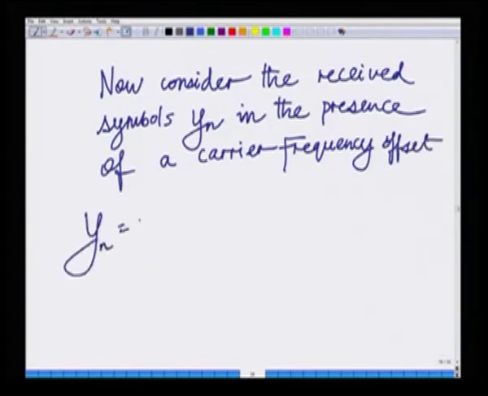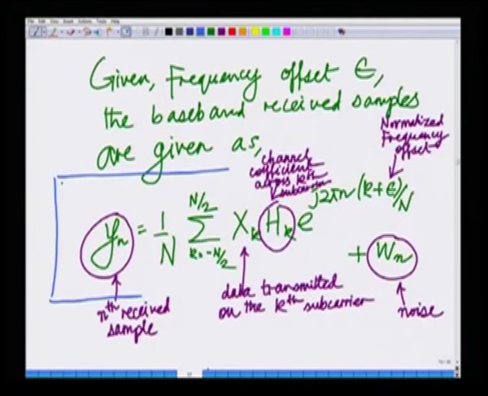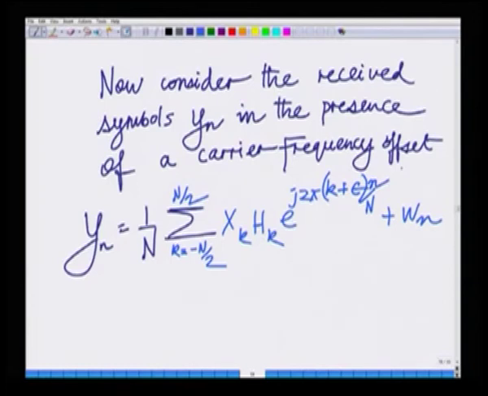We have y_n equals 1 over N summation over k from -N/2 to N/2 of X_k H_k e^(j2π(k+ε)n/N) plus W_n. This is the original expression we had.